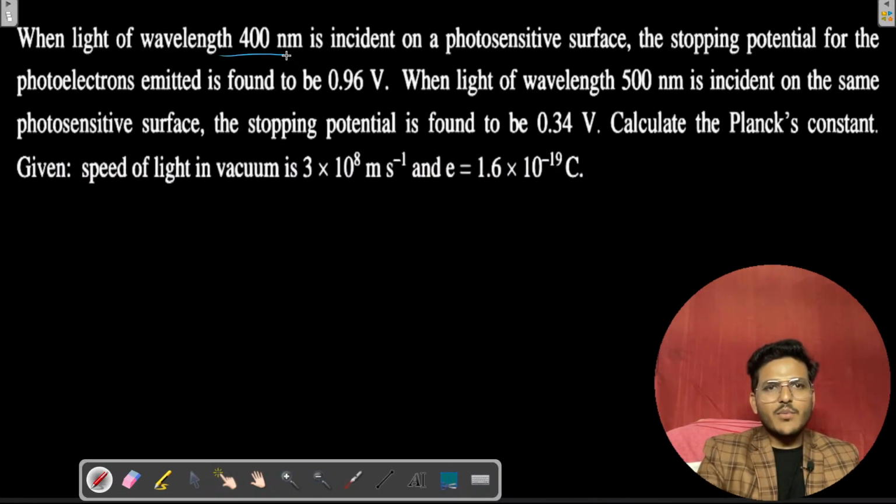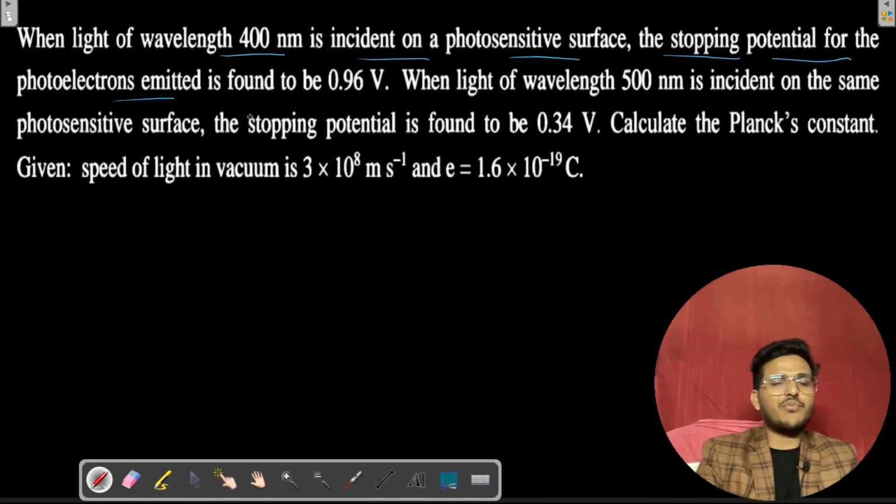When light of wavelength 400 nm is incident on a photosensitive surface, the stopping potential for the photoelectrons emitted is found to be 0.96 volt. When light of wavelength 500 nanometer is incident on the same photosensitive surface, the stopping potential is found to be 0.34 volt.